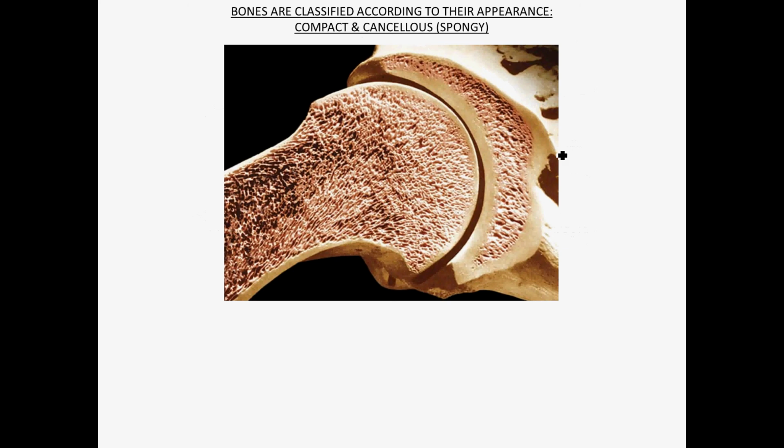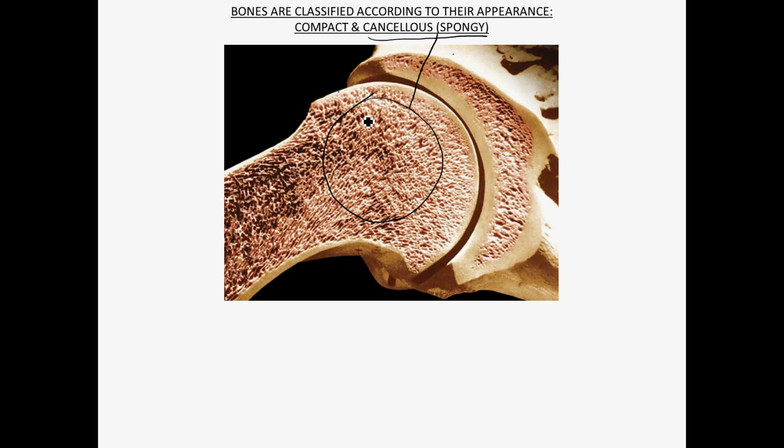Bones are classified according to their appearance. So I mentioned a short time ago this cancellous bone or spongy bone. And looking at this section through the hip, this would be the pelvis. This is the head of the femur right here. And then this is the neck of the femur in this area. You can see that when we section the bone, a frontal or coronal section here, all of this is what is known as the spongy or the cancellous bone.